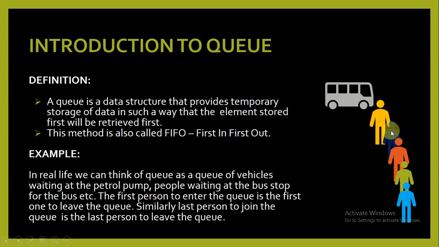The person who enters first in the queue is the one to move out of the queue and board the bus first, and he will be followed by the next person and then the next person. The person who joins last in the queue will be the last person to leave the queue. So this is the principle behind the queue, and this principle is called FIFO, first in, first out. The one who joins the queue first is the first one to be removed from the queue.